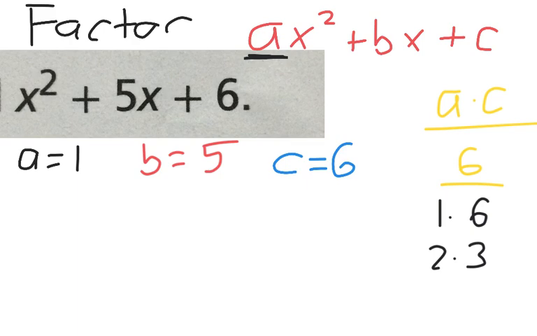It could be a positive 1 times a positive 6, or it could be a negative 1 times a negative 6. It could be a positive 2 times a positive 3, or it could be a negative 2 times a negative 3. How do we know which one to pick? Well, it needs to multiply to be positive 6, but when I combine them, add or subtract, they need to combine to be the B term. They need to combine to be positive 5. So they're going to multiply to be 6, but when I combine them, they're going to give me 5.